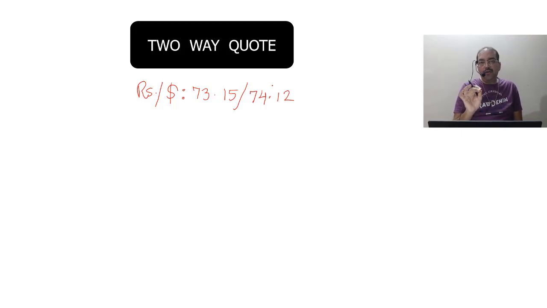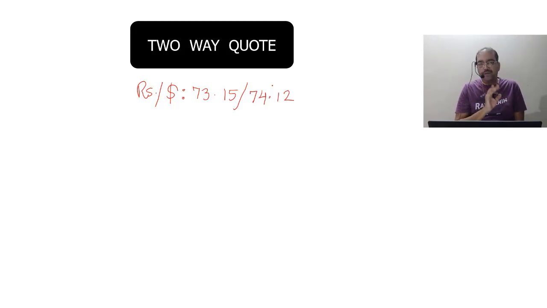I had asked the bank to give me the rate of dollar, and the bank is giving me two rates, 73.15 and 74.12. Now, what are these two rates? I have not told the banker whether I'm an importer or exporter. Not necessary also. And even if you state whether you are an importer or exporter, that makes no difference for the bank.